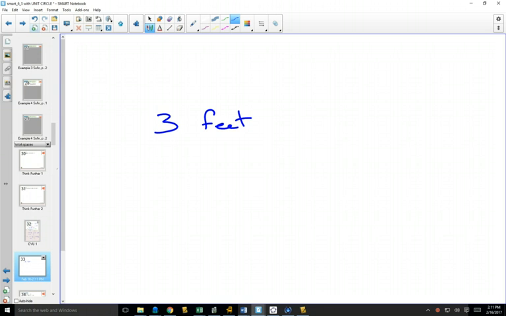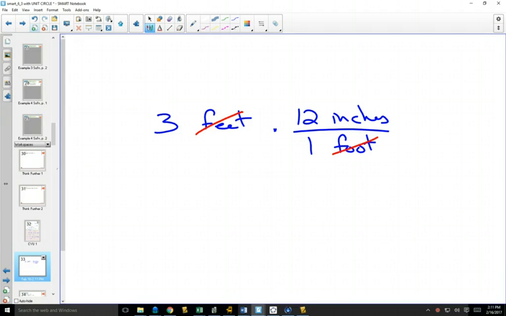But as far as multiplying it goes, you could say, I know that there are 12 inches in 1 foot. Oh, this is going to be a problem. Are you okay with me canceling out the foot and the feet even though the letters don't quite match? Is that okay? But that would change it, and you just 3 times 12, you get 36 inches because your units would cancel out. That works for anything.